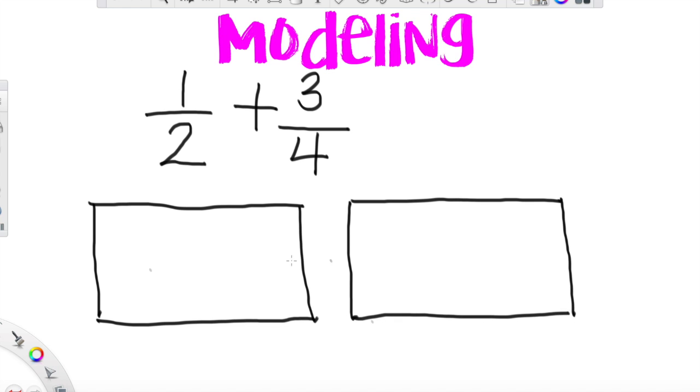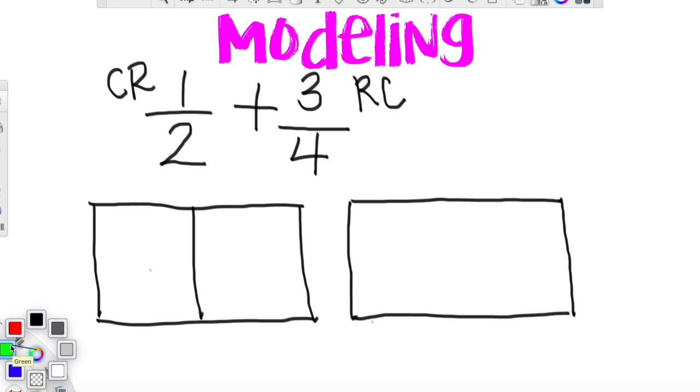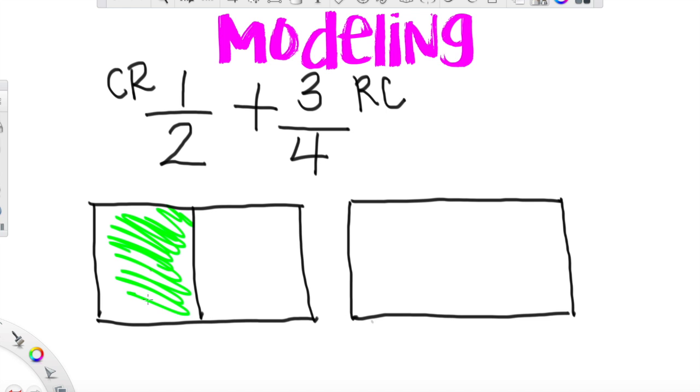That is going to require 2 rectangles. 1/2, our first fraction, is going to look like CR, columns, rows, and then 3/4 is going to be rows and then columns. So I'm going to show 1/2. This rectangle has been chopped into 2 columns, and I am shading in one of the columns to show 1/2.